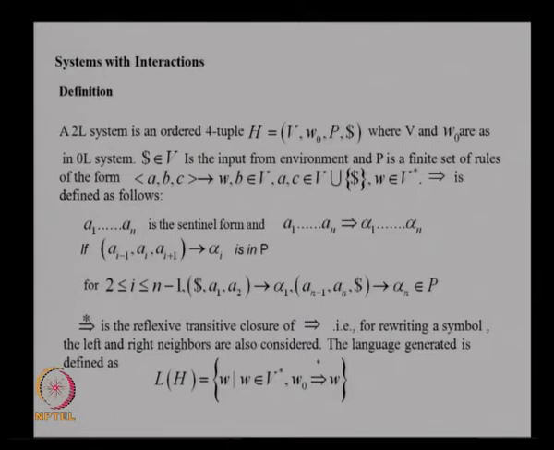Now, so far we have considered systems without interaction. You can also talk about systems with interaction. What is interaction? Suppose a string A, B, C occurs like this: towards the left of B, A occurs, and to the right of B, C occurs.